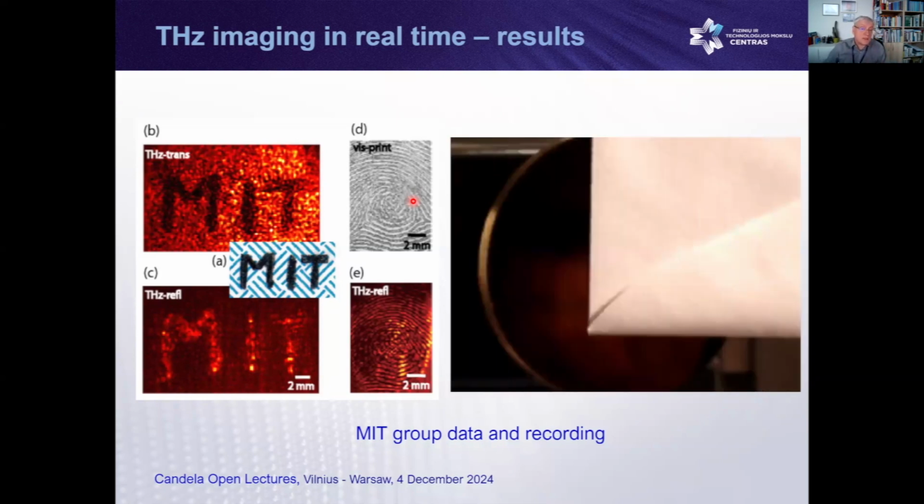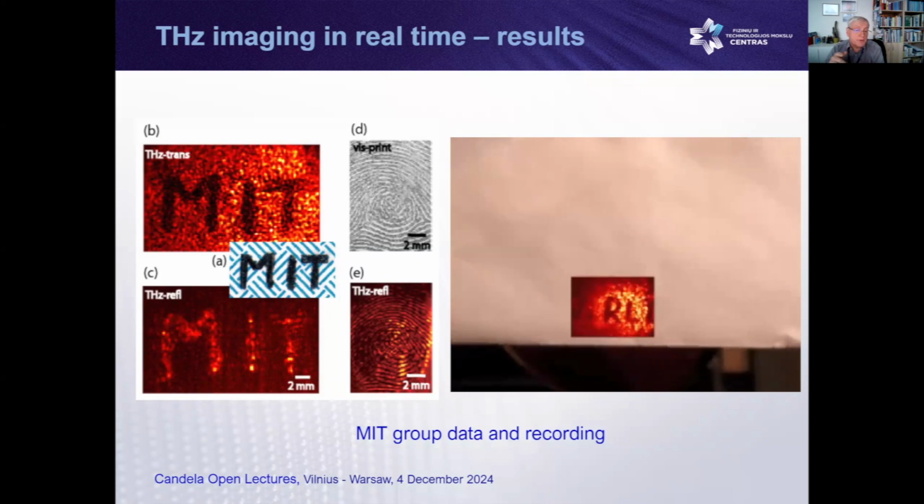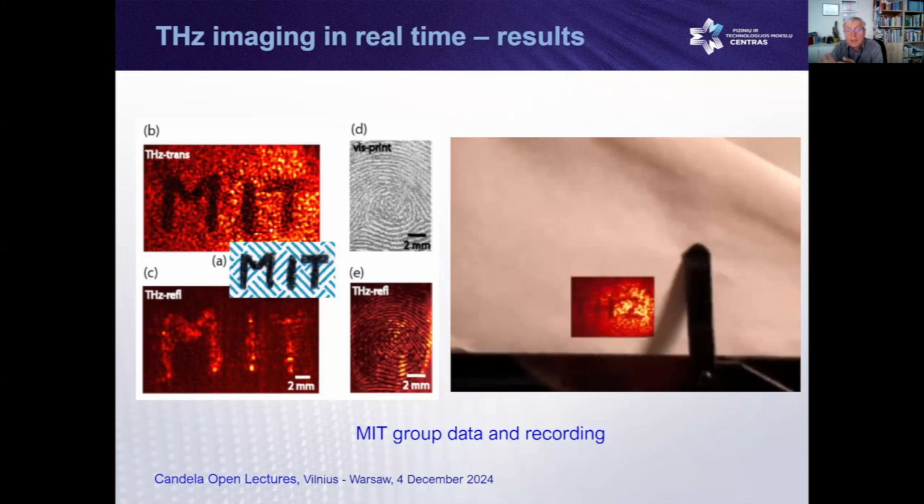But the most interesting thing, they made a camera and ran it in real time. And in fact, what we have is a real-time recording of terahertz imaging. You see, electronics laboratory, MIT. It means they were able to see written words inside the envelope.